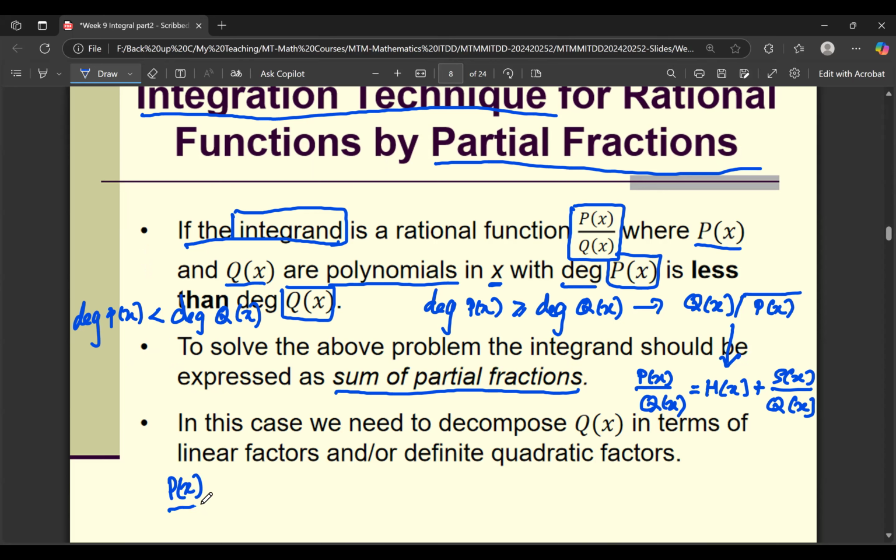It means that p(x) over q(x) will be written as the sum of partial fractions. So we will write p(x) and q(x) as follows, and so on. Maybe we have more than two, three, and so on. How to get it? How to make partial fraction?